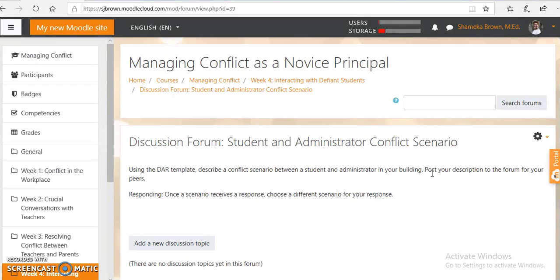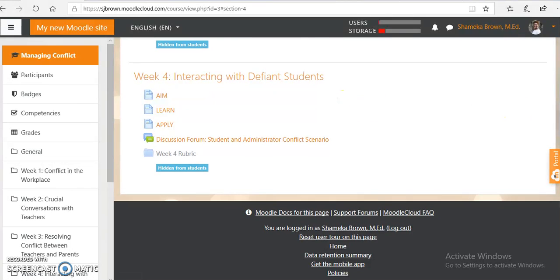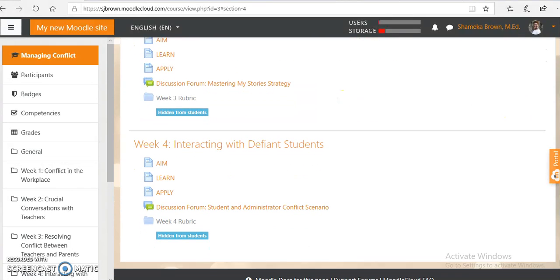They can use the DAR template, or they can just simply say what they analyze about the scenario and their ultimate reflection. The idea is that they will actually use these strategies that they have learned in the course as they reflect.